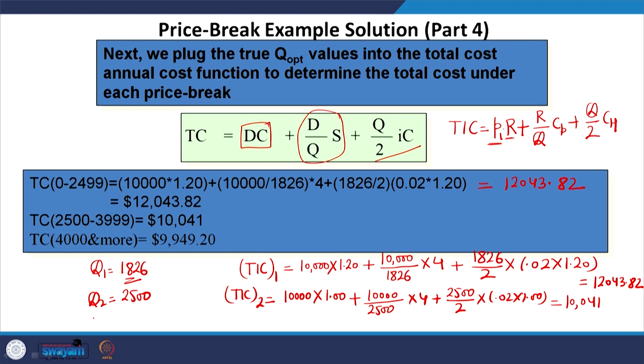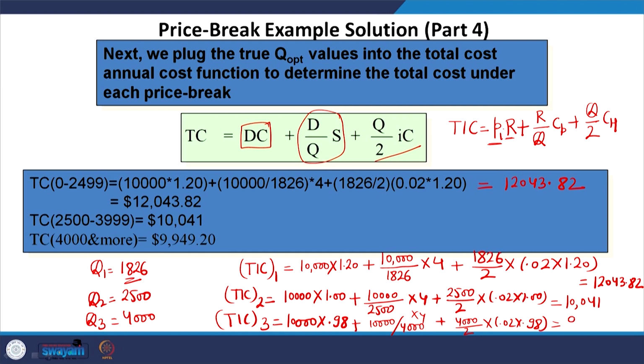And then you will do the third calculation, Q3 for 4000, and this is TIC3. This will be 10,000 into 98 cents, plus 10,000 divided by 4000 into 4, plus 4000 divided by 2 into 0.02 into 0.98, and again the calculation is already done.